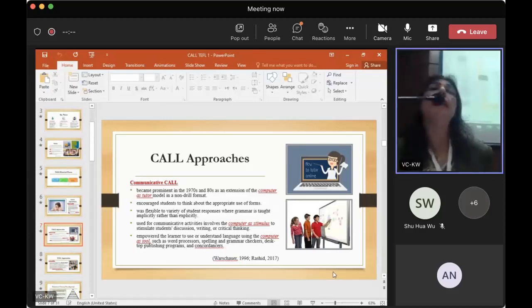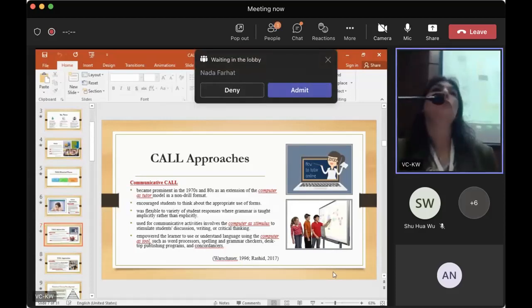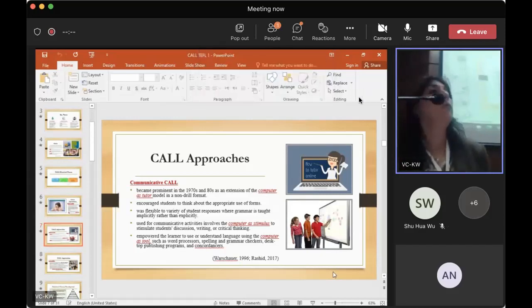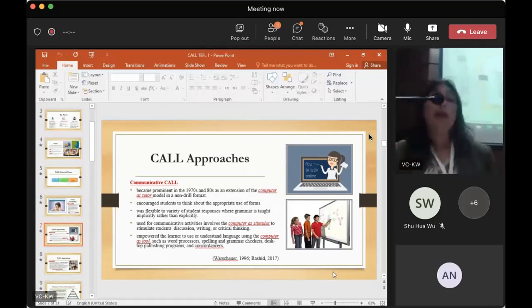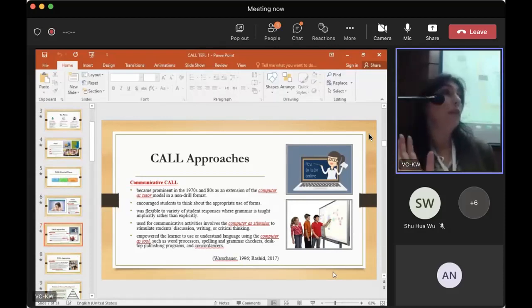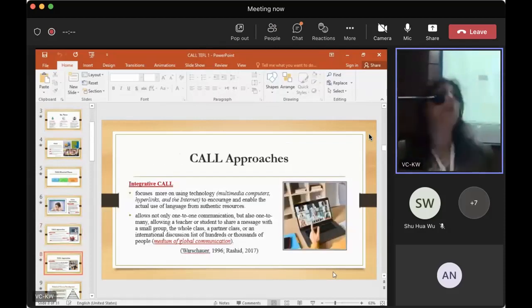They tried to get students' response to some action or some tasks, so they would promote their critical thinking and their skills in English in general. Therefore, computers were still used as a tool.